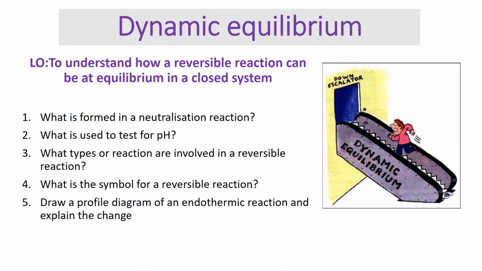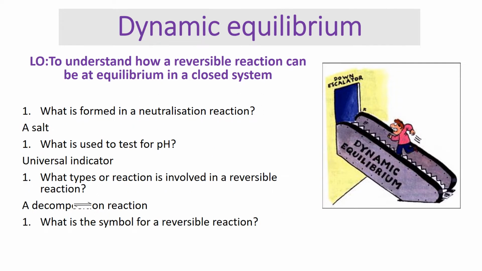So hopefully you've answered those questions. We'll go through the answers and correct your answers and write down anything you didn't get. So what is formed in a neutralization reaction? It is a salt. What is used to test for pH? It is a universal indicator. What types of reaction is involved in a reversible reaction?